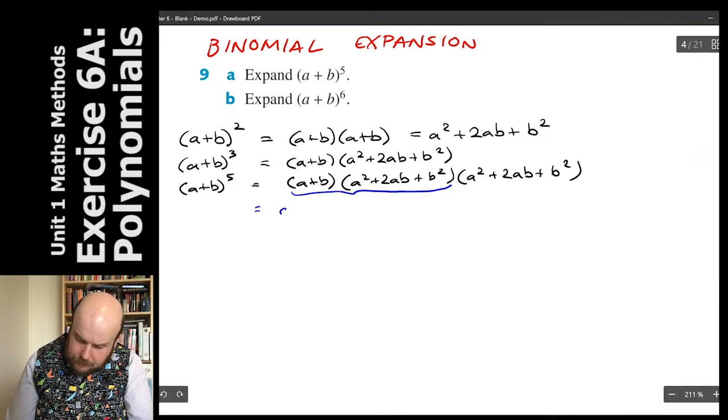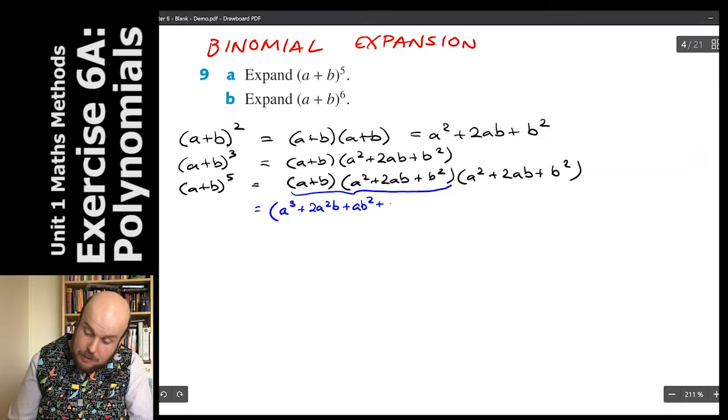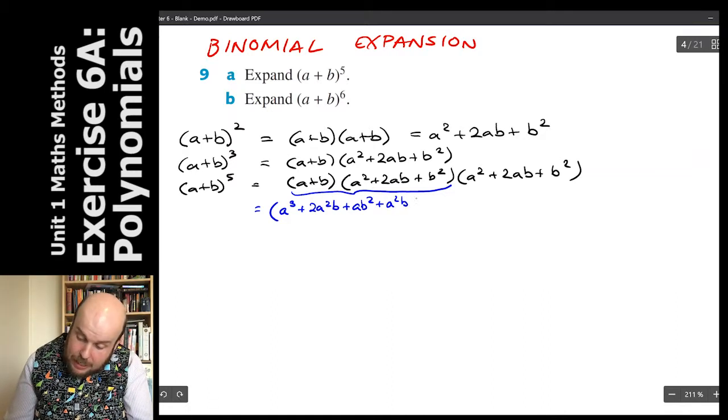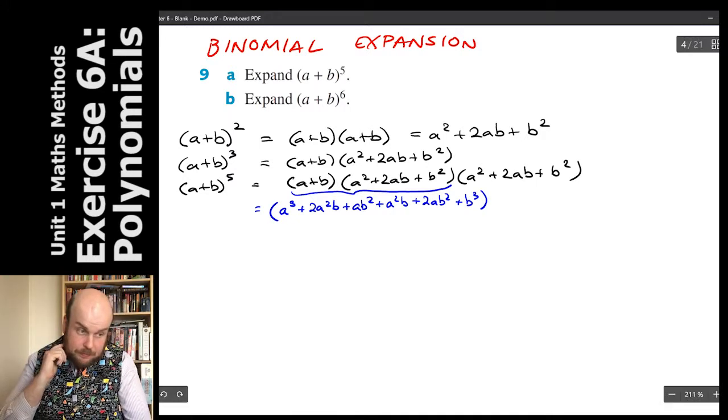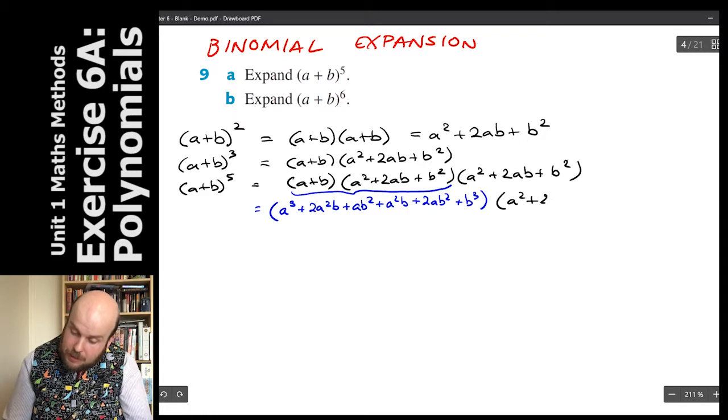So a times a squared is going to make a cubed plus 2a squared b plus ab squared, sorry, that should be saying plus a squared b plus 2ab squared plus b cubed. And that's still times this lovely friend out here.